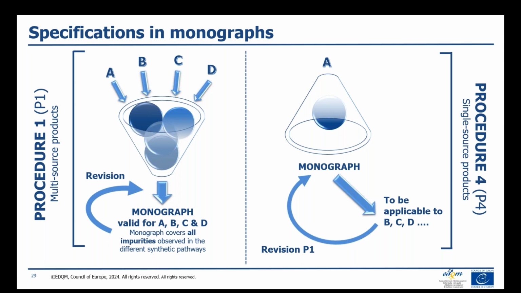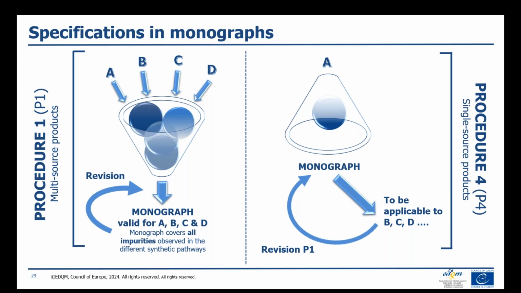When the monograph is available, if we notice that we need to add some additional impurities, in this case, we will revise the monograph. And then there is a P4 procedure. This procedure is used only for single source products, so for the products which are still under patent.